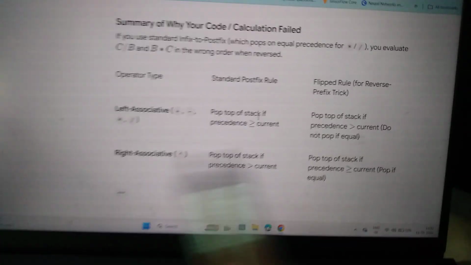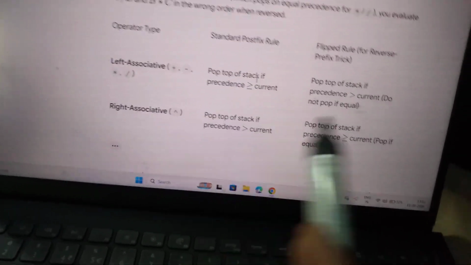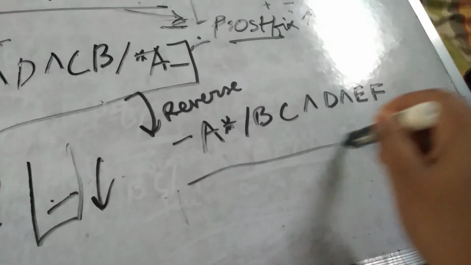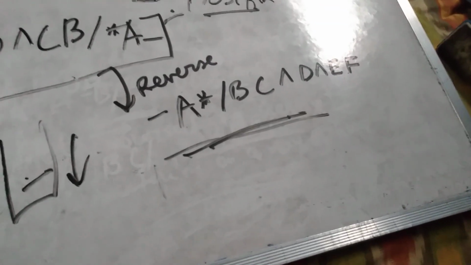In the prefix conversion I showed that less than or equal to goes away and only less than comes for right associativity, and for left associativity it is only less than and less than or equal to comes. That's why our result is correct. This is the algorithmic way to get the prefix conversion.